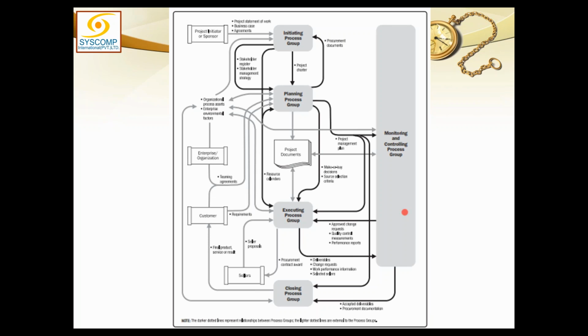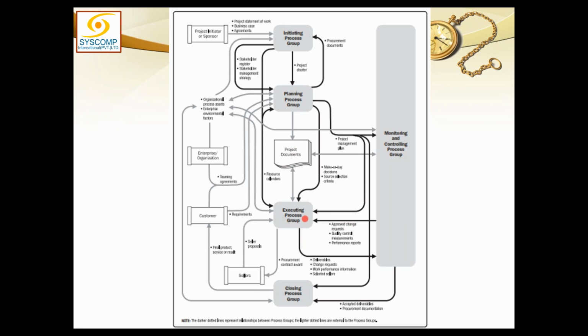So if there is a change, the project management plan can be amended. Project documents can also be amended. The change requests which have been approved will be sent back to execution. Now the project documents and the project management plan have been updated, so the approved change request information is also received.